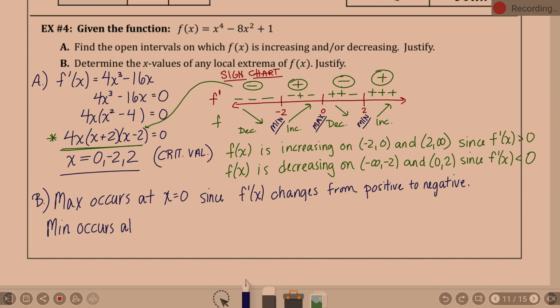Mins occur at x equals negative 2, x equals 2, since f prime of x changes from negative to positive.